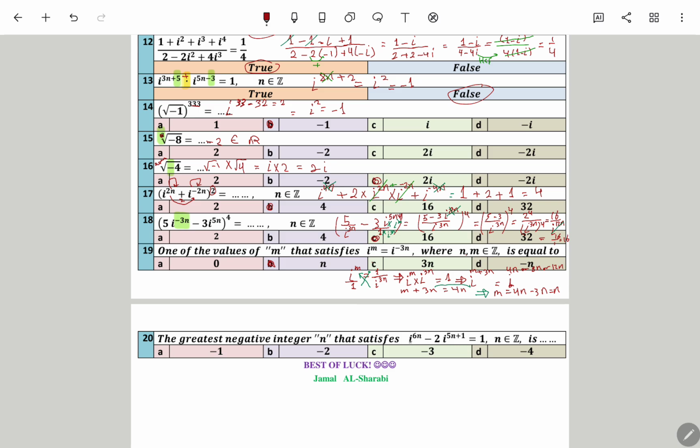So it's better for you to split i to the power of 6n to be i to the power of 4n times i to the power of 2n, minus 2, and i to the power of 4n times i to the power of n, plus 1.